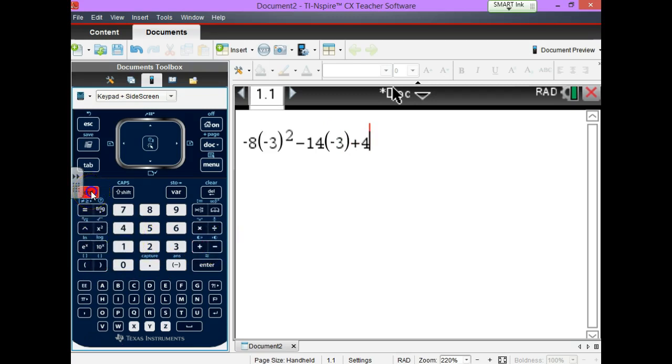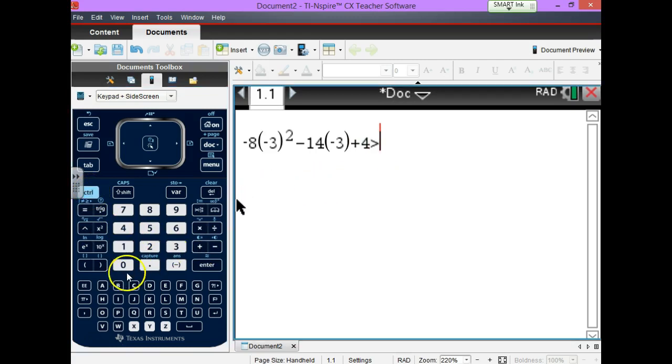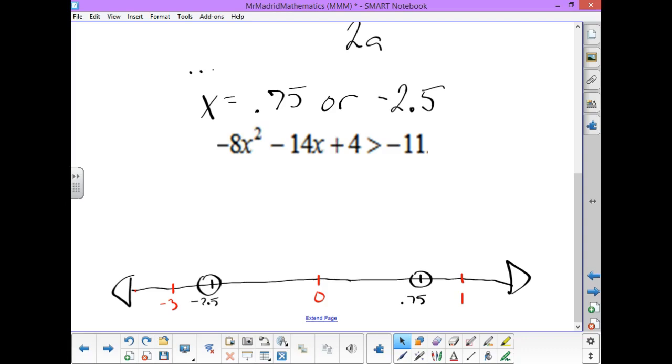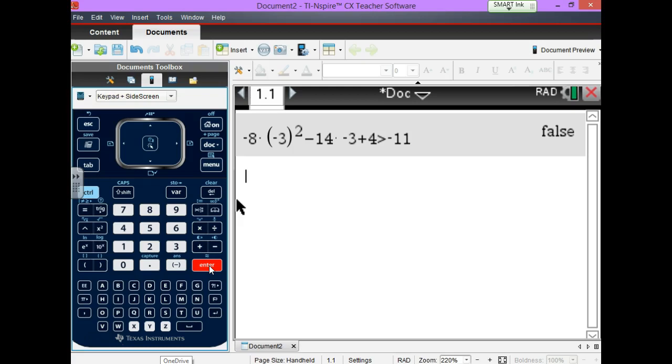As far as the inequalities, you hit control equal sign, and I think it's that one. And then negative 11. Let me double check that. So minus 14 times negative 3, then we got plus 4. Plus 4 is greater than negative 11. Okay, now if I hit enter, it tells me it's false.